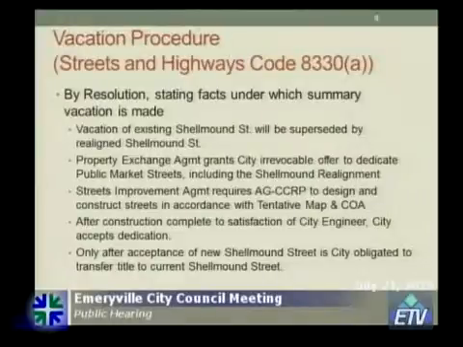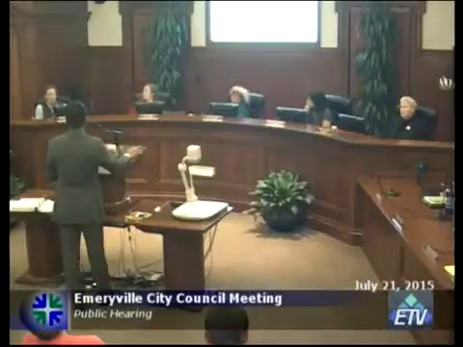I guess if we approve this, in effect, what we're saying is that we like the layout, and that the project as envisioned with the streets where they are is a good idea no matter who owns them going forward. Sure.